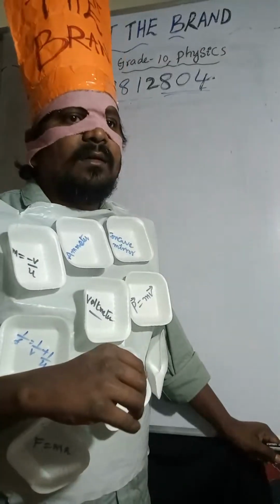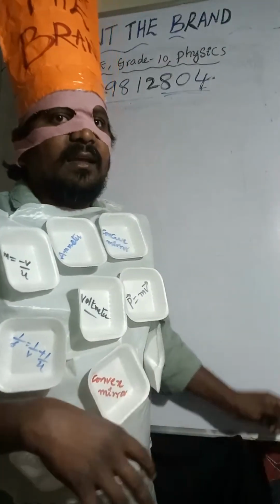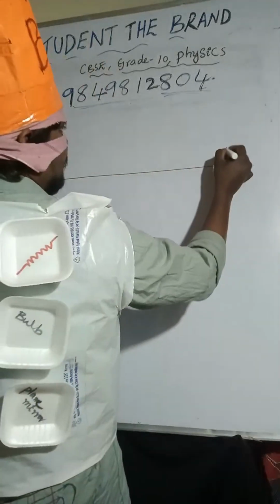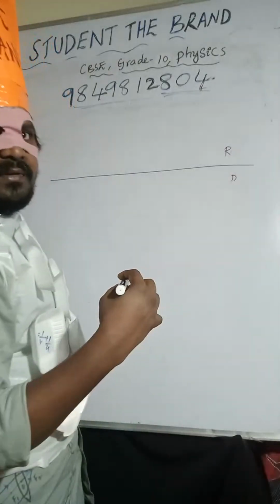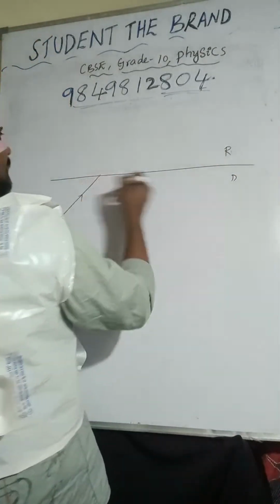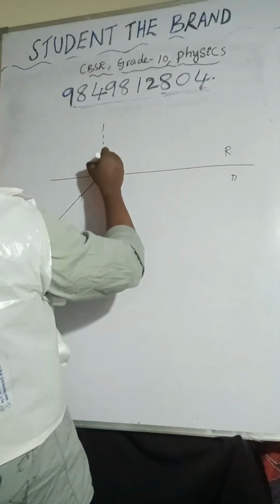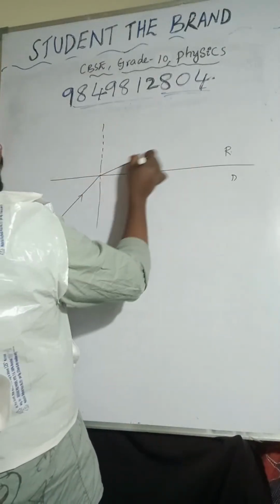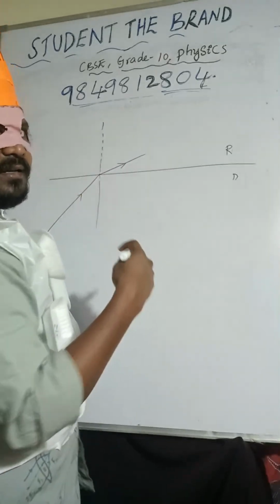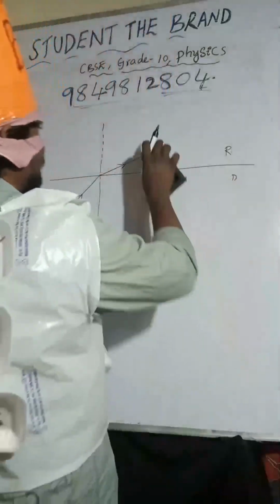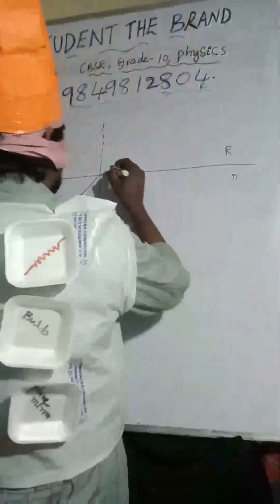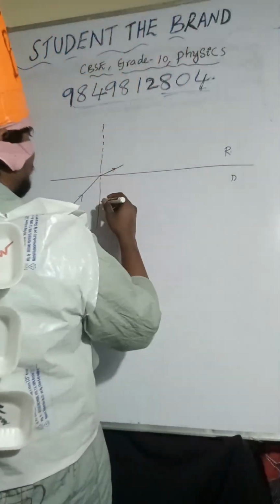Now, generally, if a light ray is passing from denser to rarer, this is the rarer medium and this is the denser medium, normally what happens? It moves away from the normal line, like this.